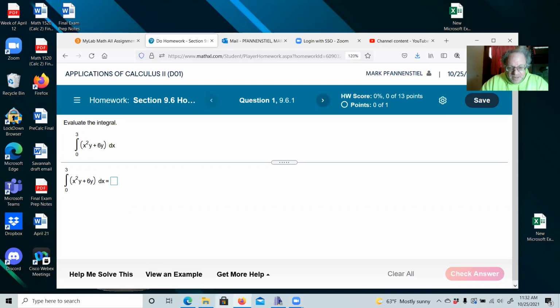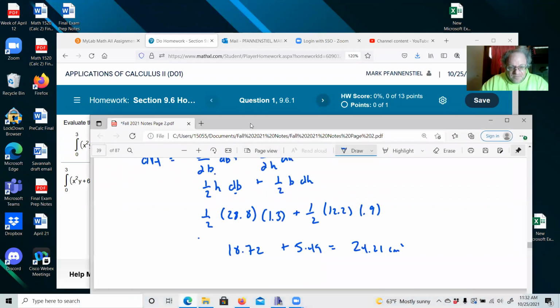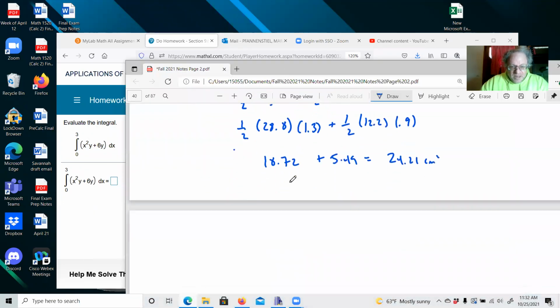All right. So look here. We have the integral from 0 to 3 of x squared y plus 6y dx. Nope, 6y, not dy, just 6y.